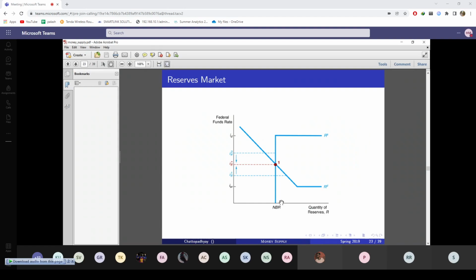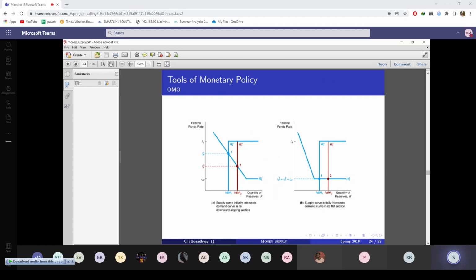Okay, now we're going to see graphically what happens to this graph when an open market operation takes place. This diagram shows a positive open market operation, where the central bank purchases bonds from the commercial bank.